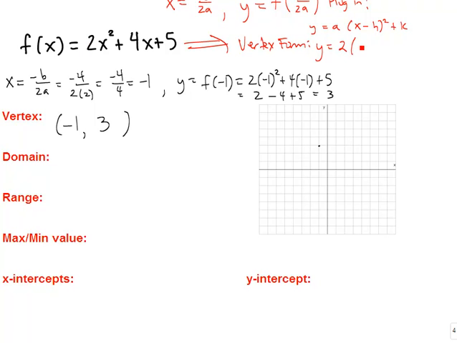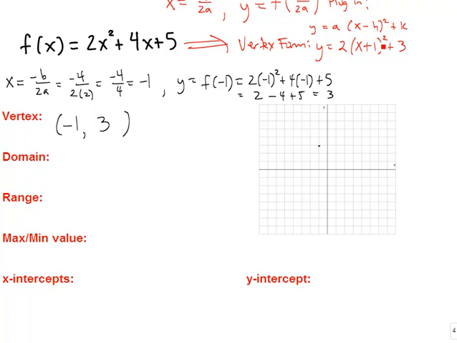Then we'd want parentheses x minus h. Well, what was h? Remember, h is that x-coordinate of the vertex using the opposite sign. So if my x-coordinate is supposed to be minus 1, then I need to have a plus 1 in parentheses squared so that the opposite number will match up. The k is the k of the vertex, which was our 3, so I'm going to use a plus 3 on the end. So that's how you take your standard form and you rewrite it in vertex form. These are equivalent if you were to expand all this out.